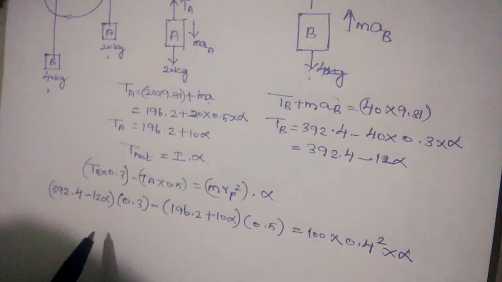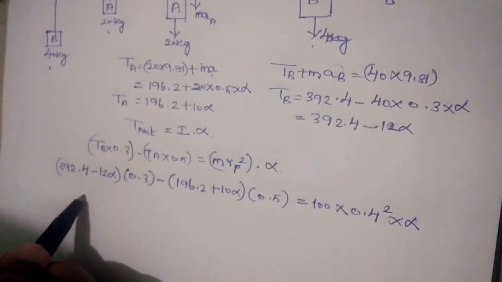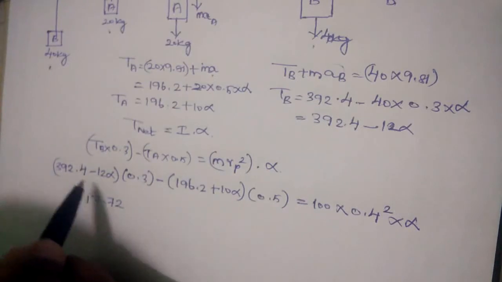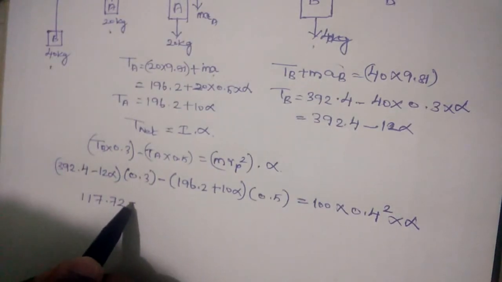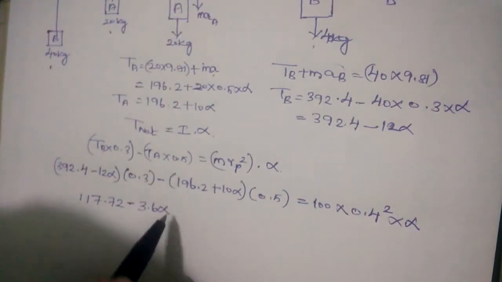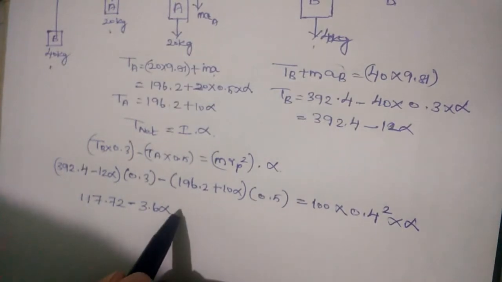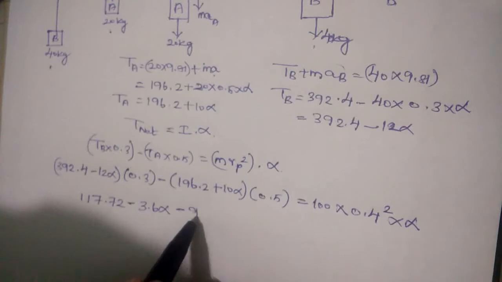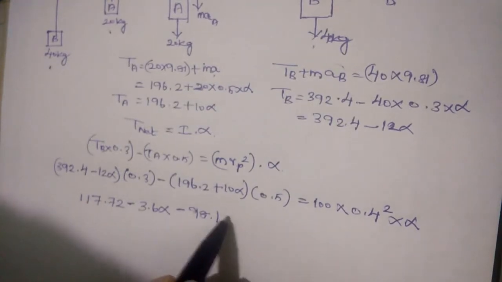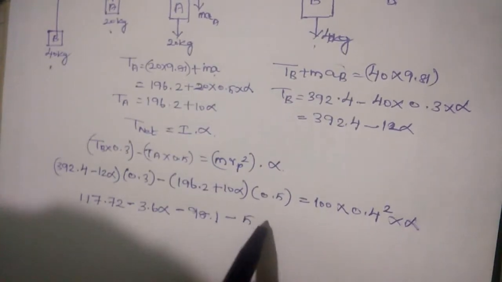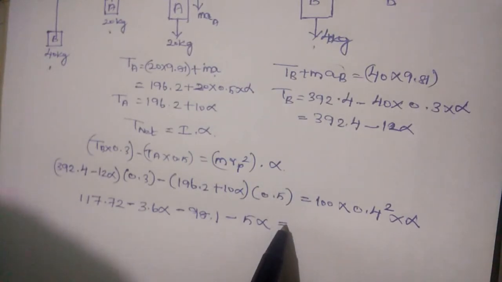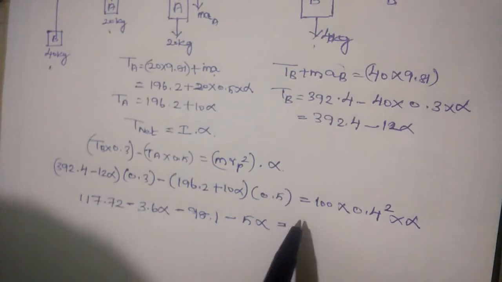Solving gives 117.72 minus 3.6 alpha, minus, multiplying the 0.5 inside, 98.1 minus 5 alpha, is equal to 16 alpha.